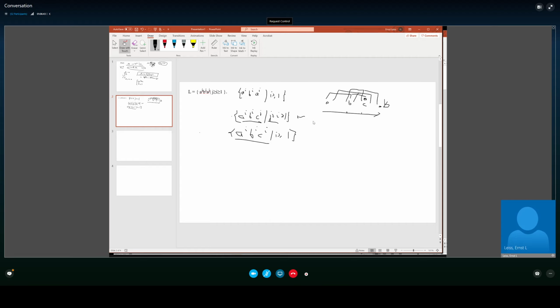So if J is equal to I, then after that last match, the last A being matched to the last B, being matched to the last C, the next thing could be a blank, or it could be a C, and so on.